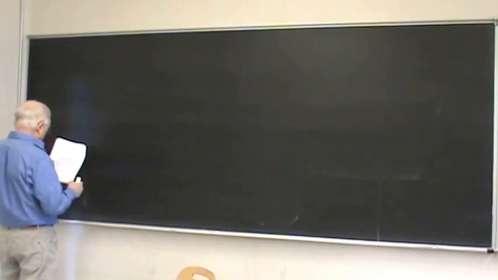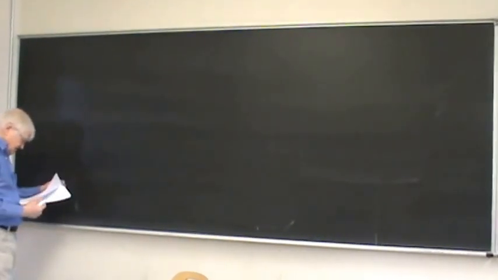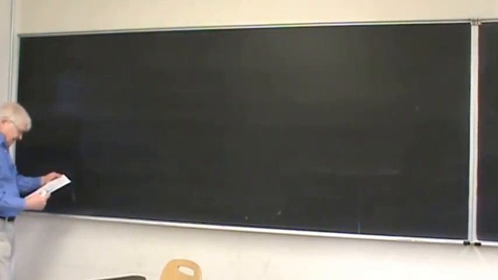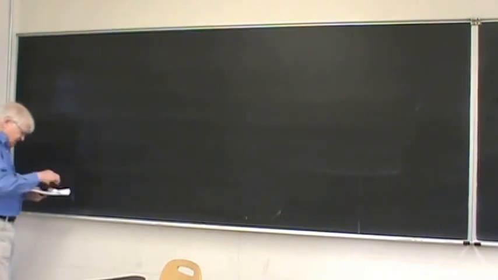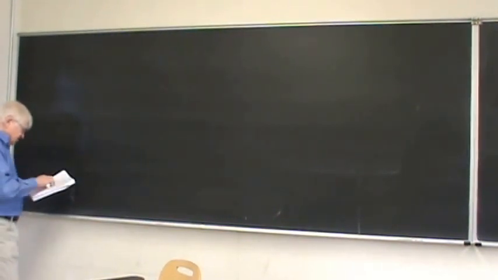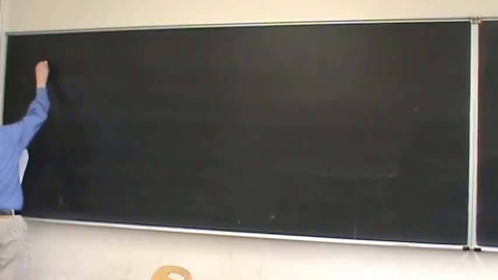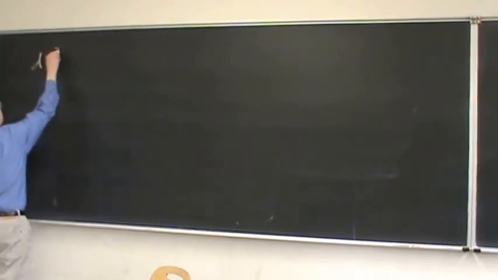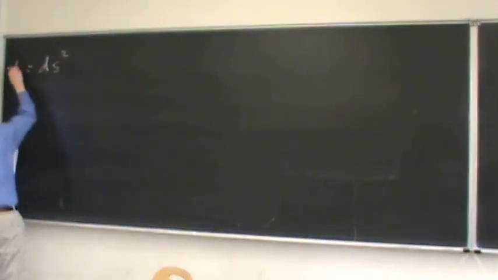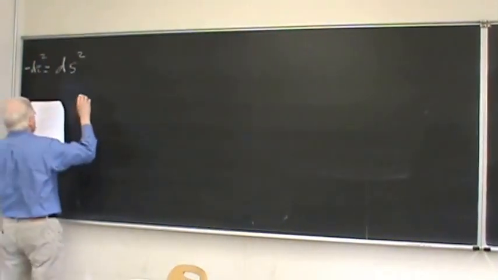Anyway, if we do that, then what we get, and I don't know why I wrote it this way, I think I'm going to have to change notation just a little bit. So I'm going to try on the fly to change notation. What we'd have then would be ds squared, which is minus the proper time squared.